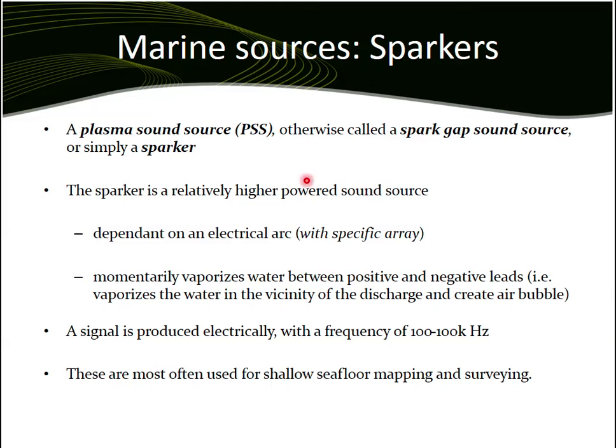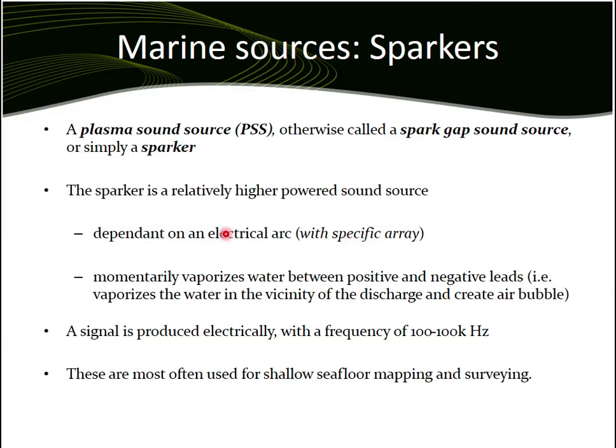Technically, it is a relatively higher power sound source dependent on an electrical arc, with an operating voltage typically 3.5 to 4.0 kilovolts, and peak current may exceed 200 amperes, with a signal frequency in between 100 Hz to 100 kHz, meaning that it has a very high frequency.